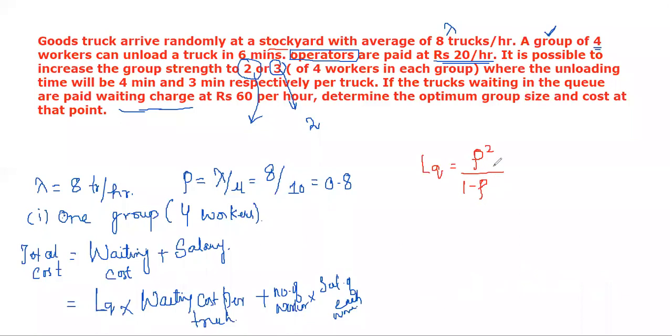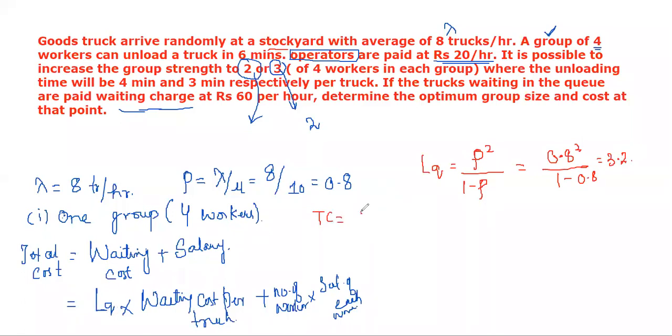Now see, rho divided by 1 minus rho was the length of the system, but here we have to find the length of the queue. Therefore, the length of the queue will be equal to 0.8 squared divided by 1 minus 0.8. Please tell me how much this evaluates to. It evaluates to 3.2.